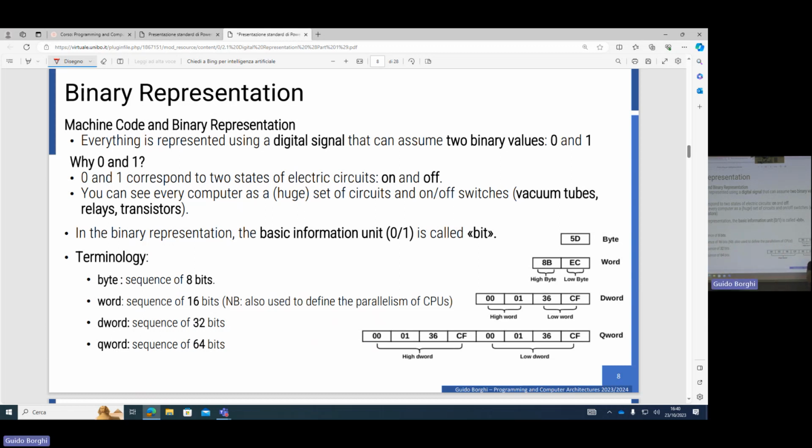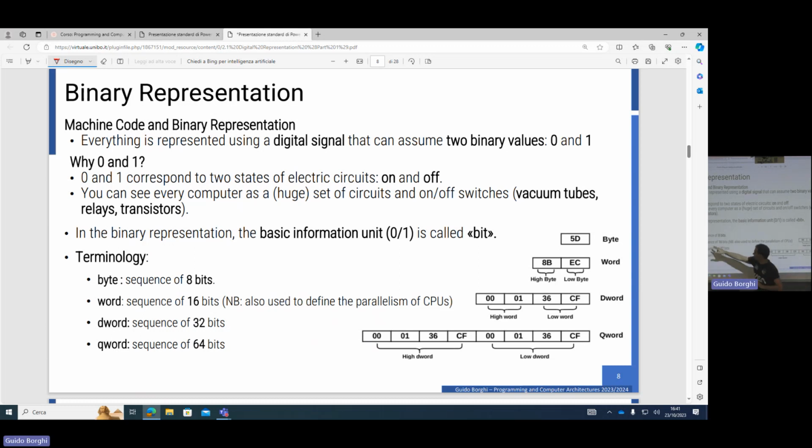If we have 8 bits, we can say we have 8 bits of information, or we have 1 byte of information. It's the same thing. Usually we use the word byte. It's easier. We use the term bit for the internal parallelism of the CPU. So remember this difference in the usage of bit and byte.